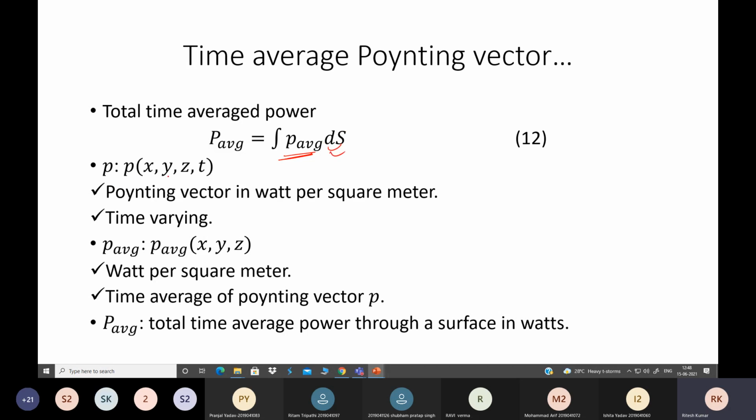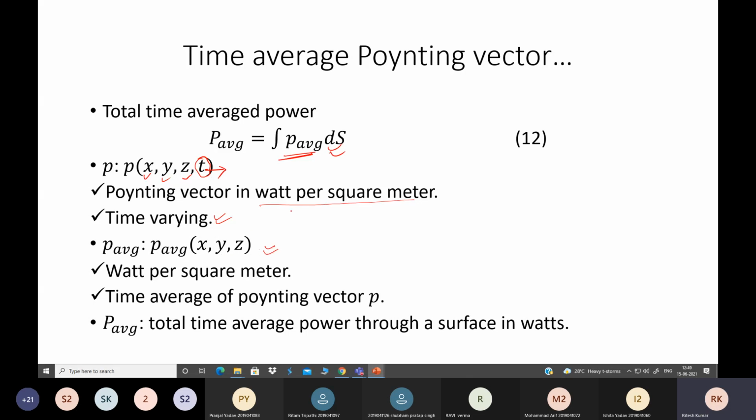This is our instantaneous value, a function of t, and another parameter, it can be a function of x, y or z. What is the unit of the Poynting vector? Since it is power density, it is watt per square meter. The instantaneous value is time varying in nature. But for the average value there is no mention of time since we are taking the average, so it is independent of time.